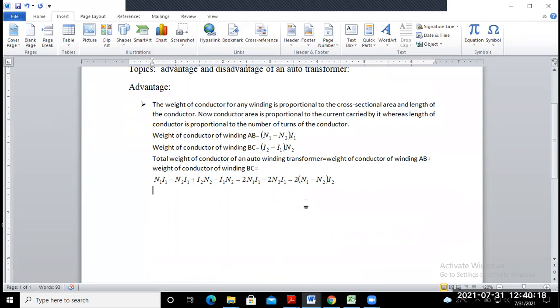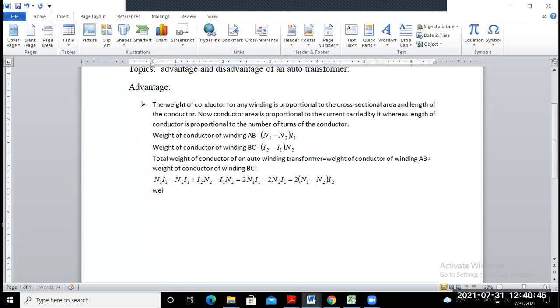Similarly, we can find the weight of the conductor of the secondary winding of an ordinary two winding transformer, which is equal to I2 N2. If you take the summation of these two weights, then you will get the total weight of the conductor of an ordinary two winding transformer.